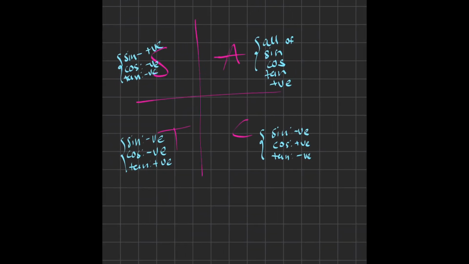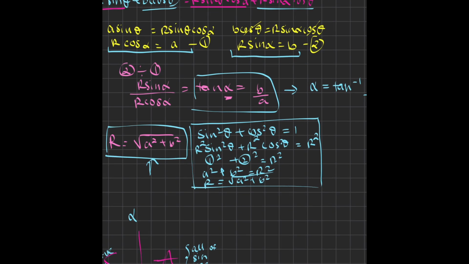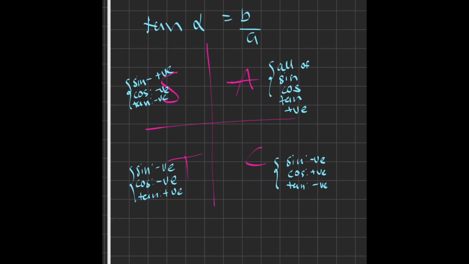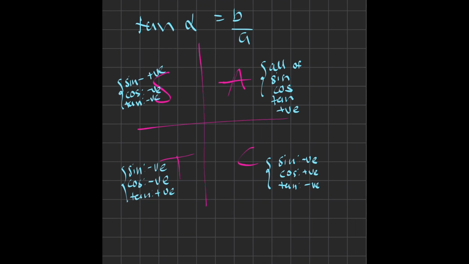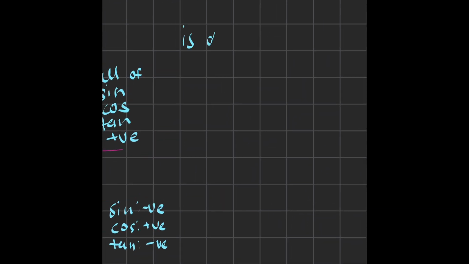So that means that when we're taking a look at alpha, from the tan alpha equals b by a, we're going to have to take a look at it from these perspectives, all 4 of these. Is alpha in the first, second, third, or fourth quadrant?